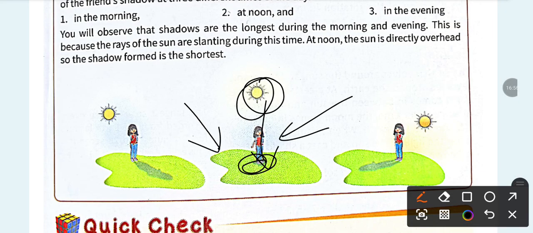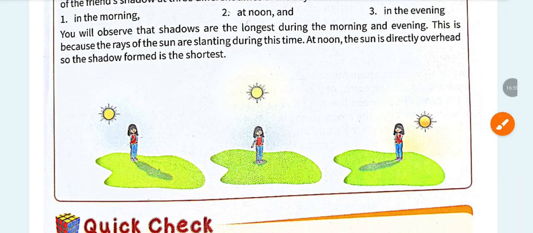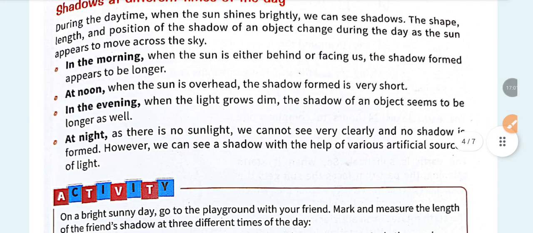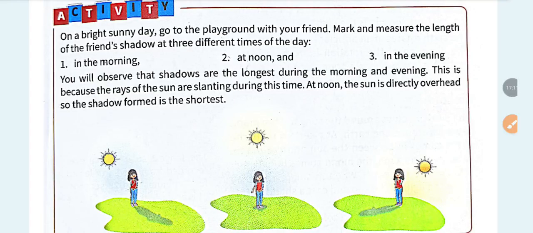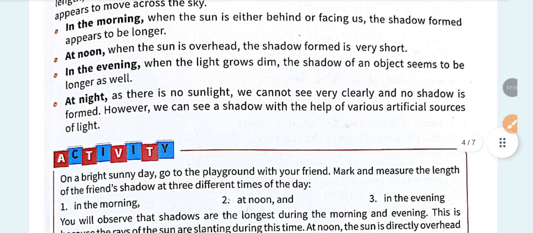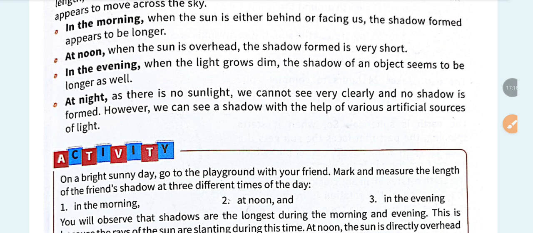And the same in the evening, as we can see over here, when the light grows dim, like in the morning scene, the shadow of an object seems to be longer as well, because the sun is again behind. So in the morning and evening, the shadow will be longer, and at noon the shadow will be the shortest. Now at night there is no sunlight, so clearly no shadow will be formed.